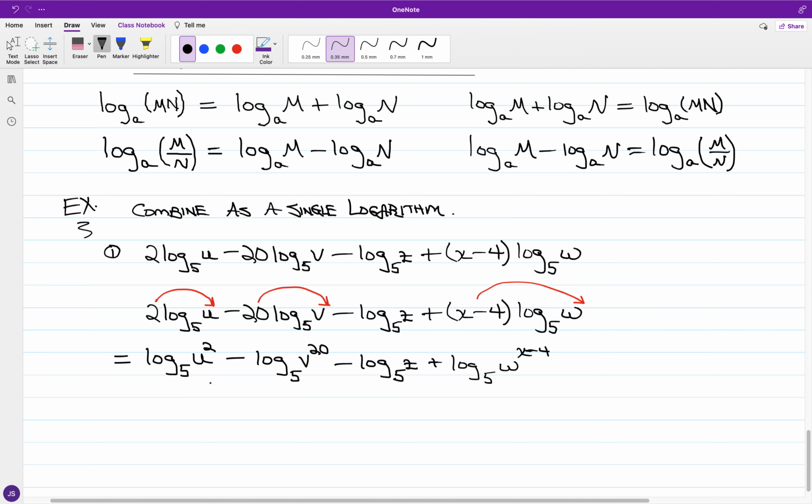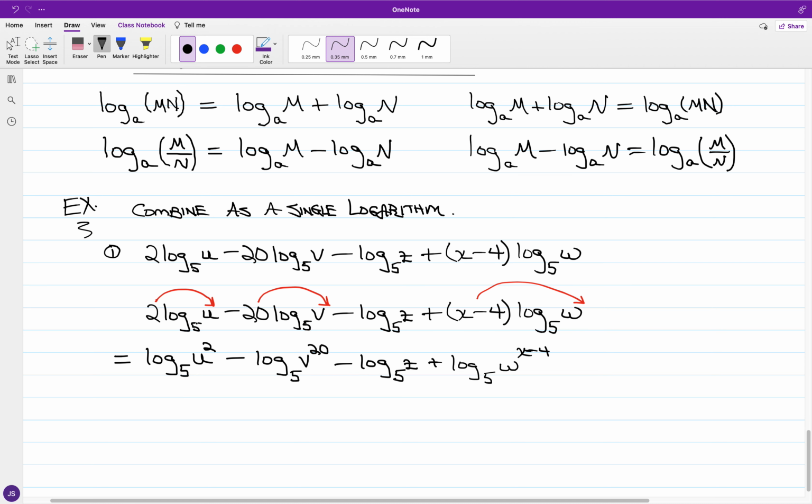Alright, so we've gotten the coefficients outside the absolute value of 1 taken care of. So we have just the sums and differences of logarithmic terms. And once I consolidate as a single base 5 logarithmic term, in terms of where the attachments will go: first of all, I have a positive base 5 logarithmic term with u squared as the attachment.